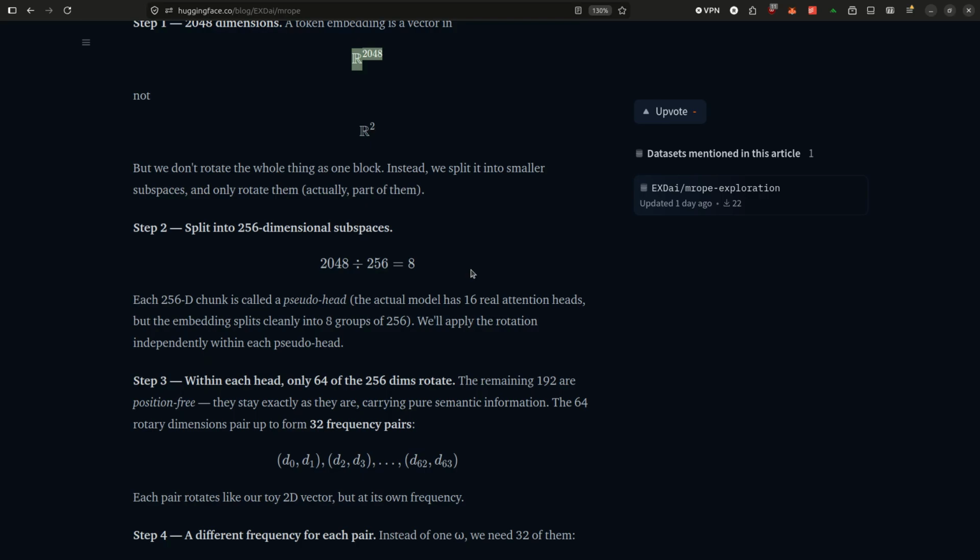What we instead do is we split it into 256 dimensional subspaces. So 2048 divided by 256 is equal to 8. So we split the 2048 dimensional space into 8 subspaces.